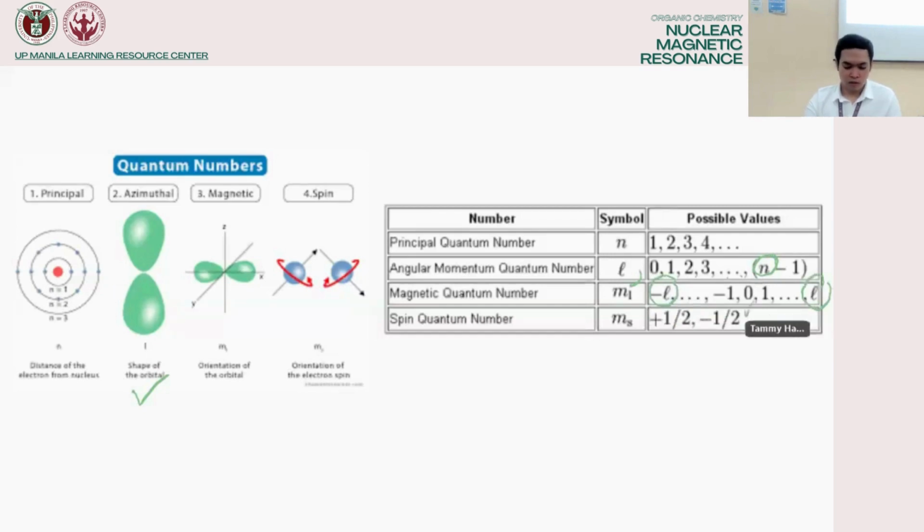And then the spin: it's either upfield or downfield. Later we'll discuss what upfield and downfield are. It's either positive 1/2 or negative 1/2.